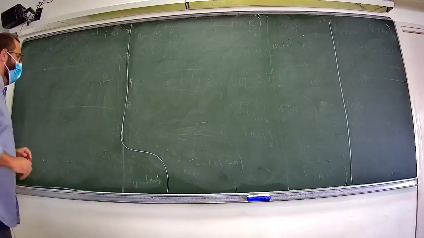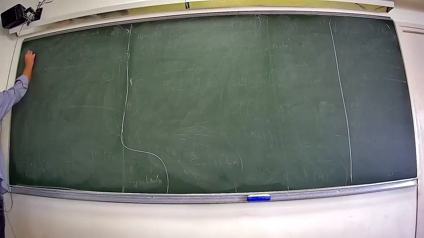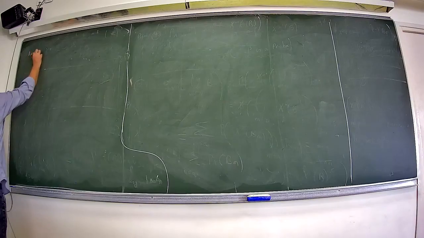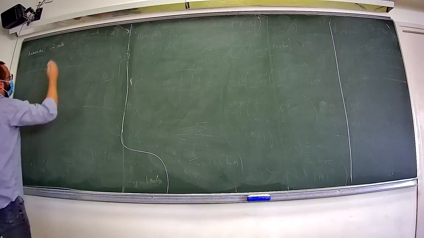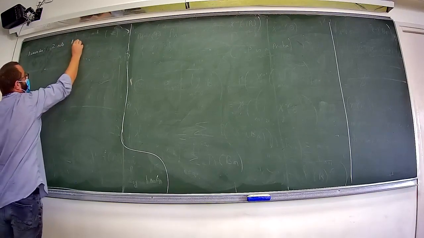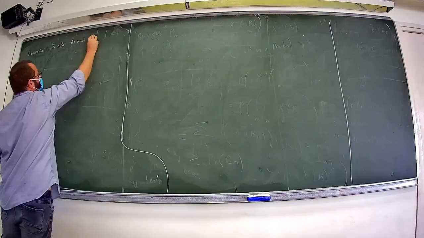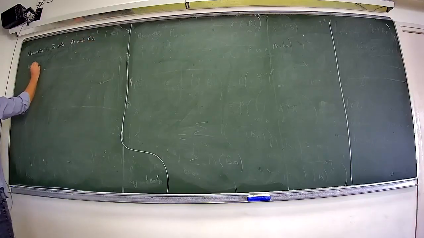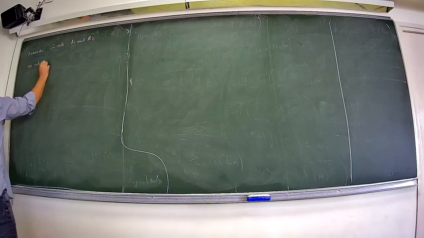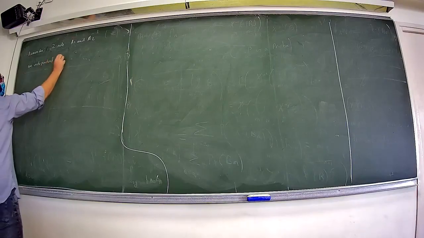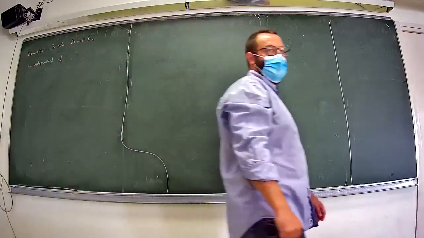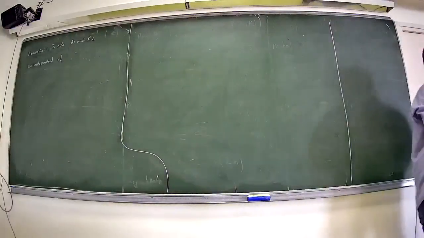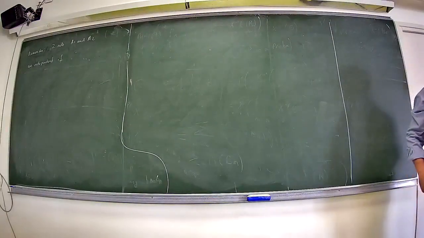So I remind you that two sets A1 and A2 are independent if, what is the definition? Of course I need to have an underlying probability, that is capital P here. What is the definition of independence for sets?